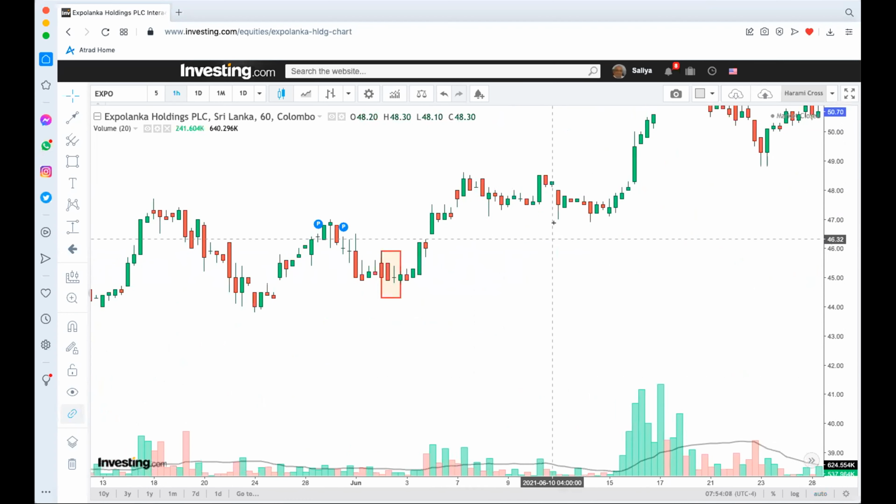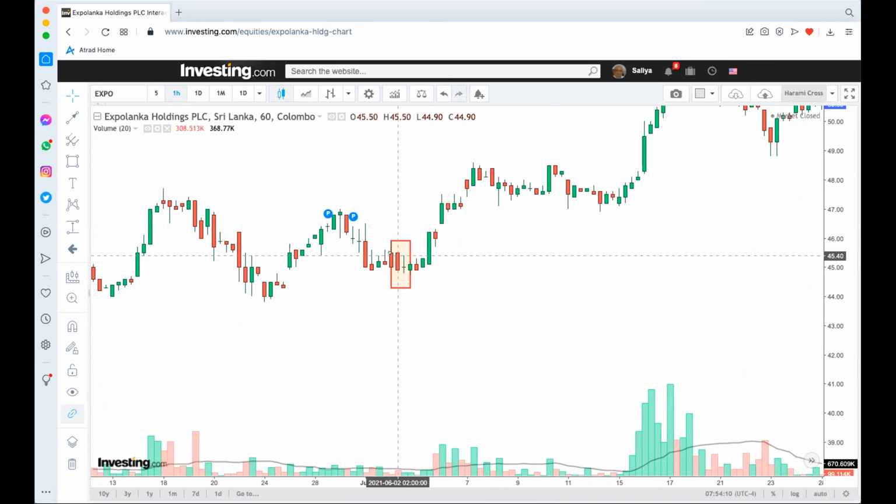In the case of the Harami Cross, just like the normal Haramis, you have a tall body. In this instance, it's a red body, and then a doji. Ideally, this doji has to be inside and it has to be smaller, but that doesn't mean that we cannot call this a Harami. A Harami is a dual candle pattern, and this is known as a bearish Harami.